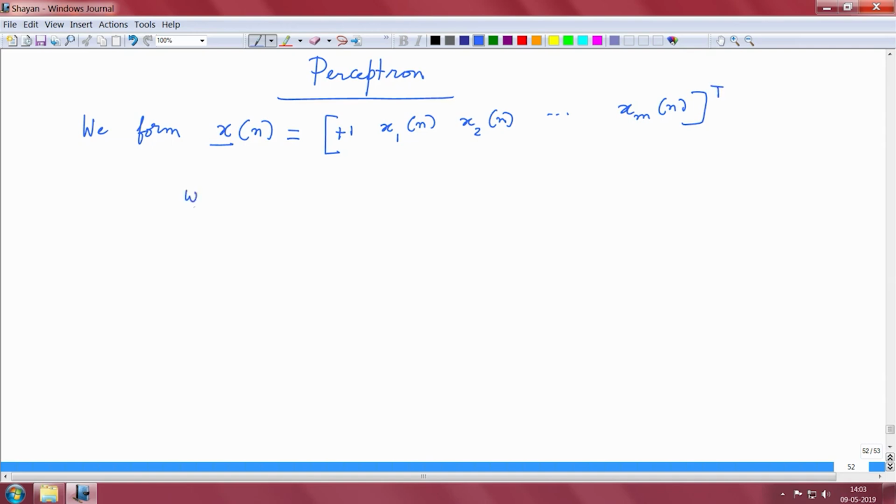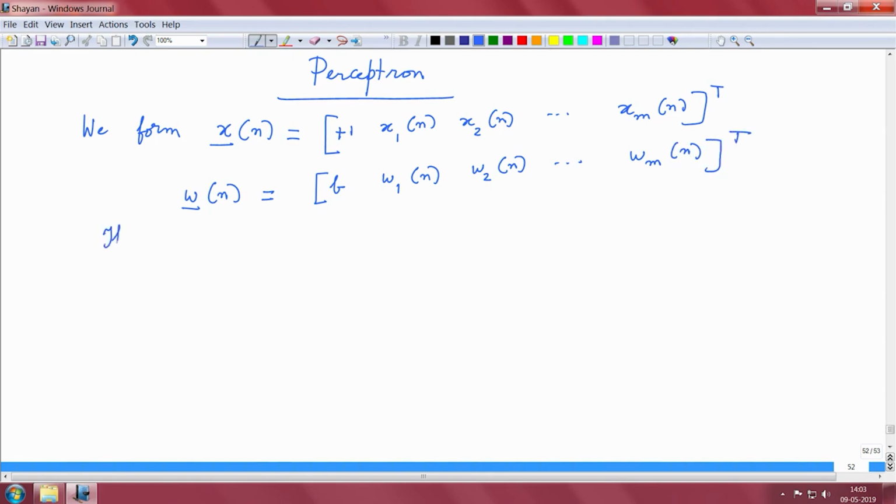Similarly, we form the weight vector w of n, which is b for the bias, that is in the first coordinate. Then you have w1 n, w2 n, so on, wm n transposed.